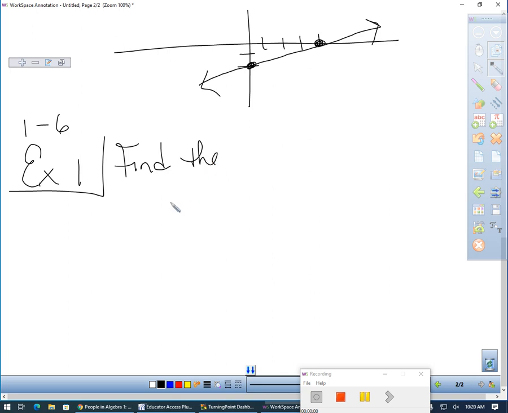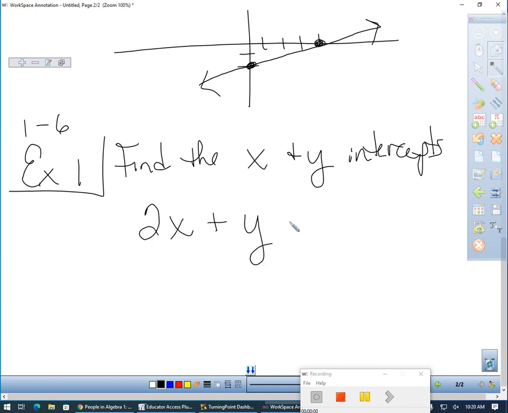Find the x and y intercepts. So let's start off with something as easy as 2x plus y equals 8.